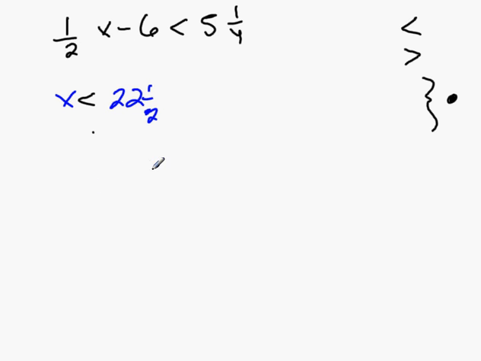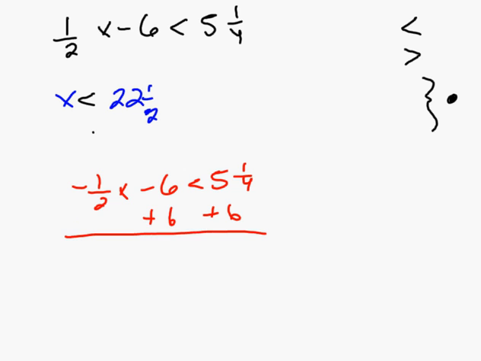Now, the difference would be if 1 half were negative, I actually need to do something special with it. Now, I still go through the same process, adding 6 to both sides. It's going to be 10 and 1/4 and negative 1 half x.